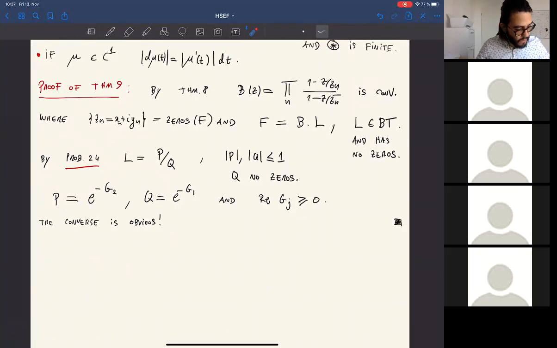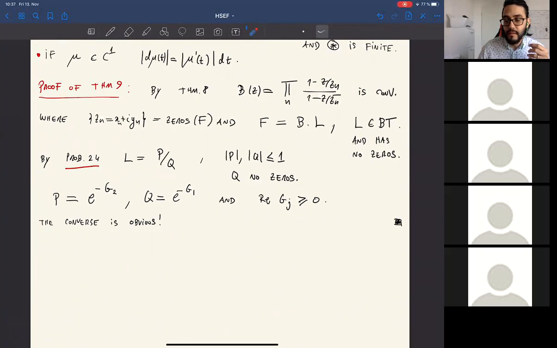Yeah, I've got a question. Yep. So when you define P and Q, you define it as the exponential of this. Oh, sorry, you want to define G1 and G2. Yes. So it would be like the logarithm of P and Q. Yeah. But it's a complex logarithm, right? Yes.